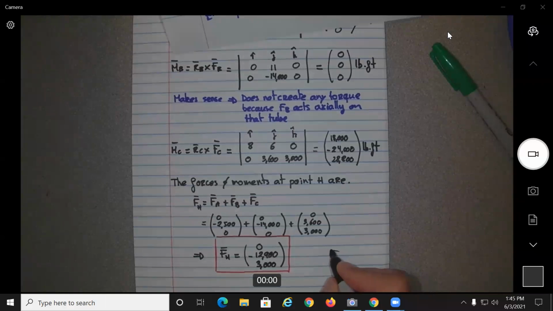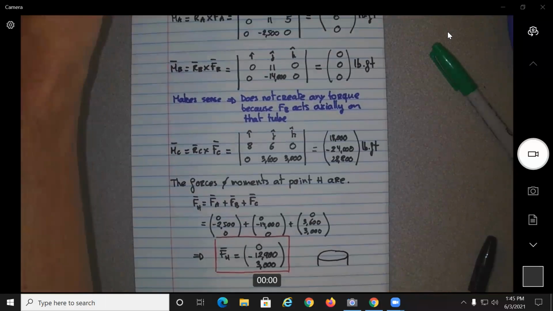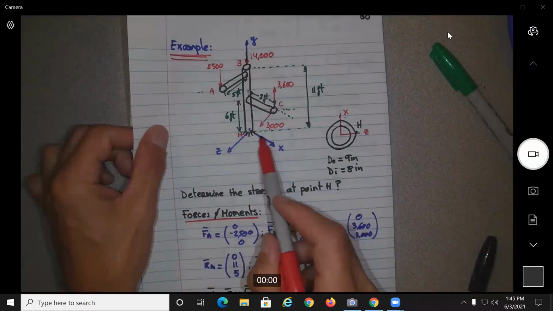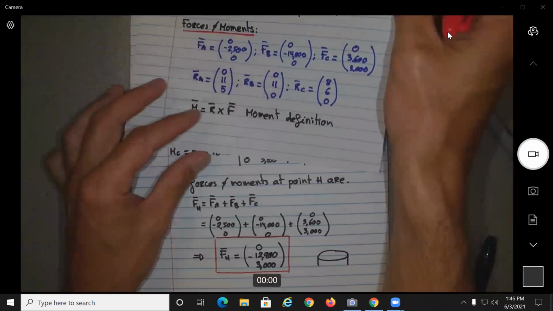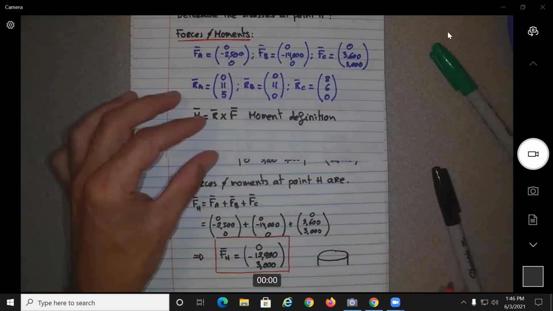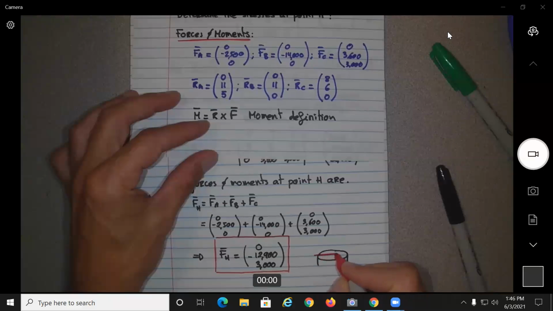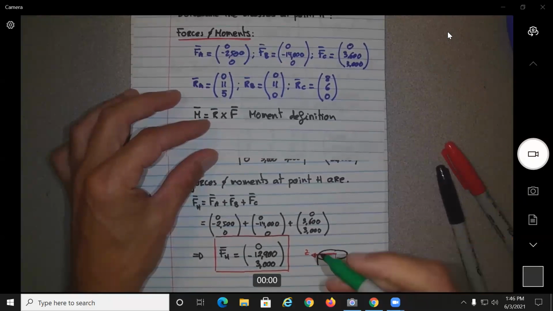So basically, if we look at point H, I'm trying to look here at the figure. So we do this XZ. So let's say this is Z and X. So basically, what will you have?